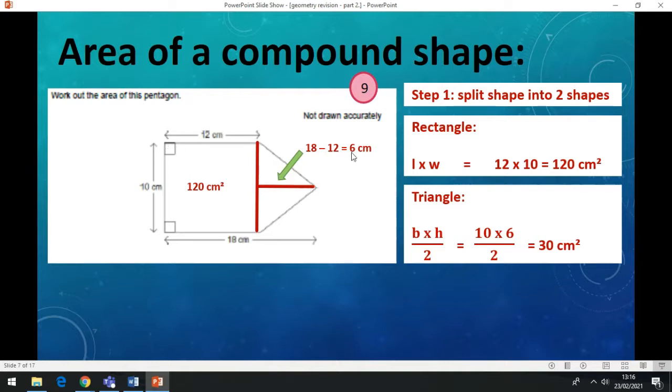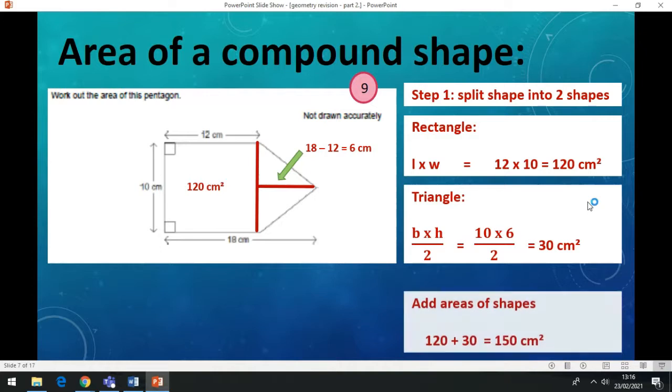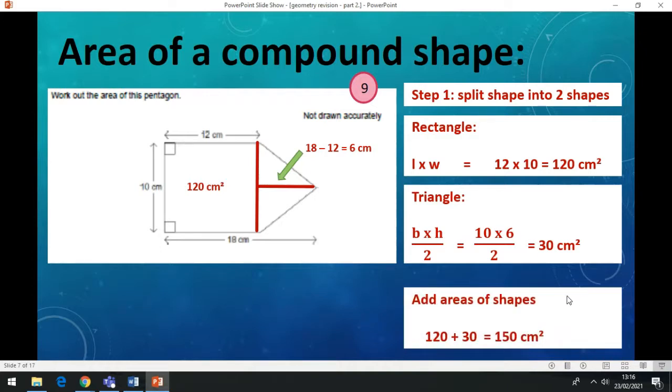So I know my height will be 6 centimetres. Divided by 2 will give me a total of 30 centimetres squared. Finally, and this is why these types of questions are 3 or 4 point questions, I now need to add my rectangle and my triangle together to get the area of the compound shape. 120 plus 30 will give me 150 centimetres squared.